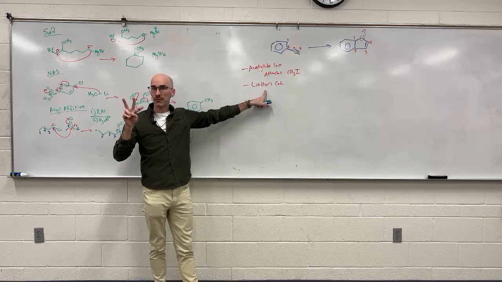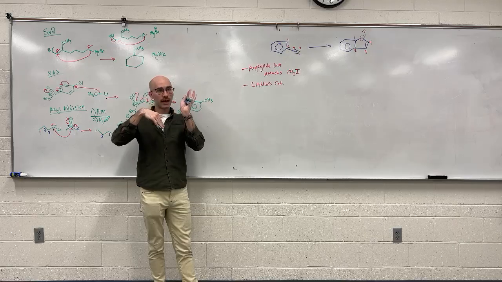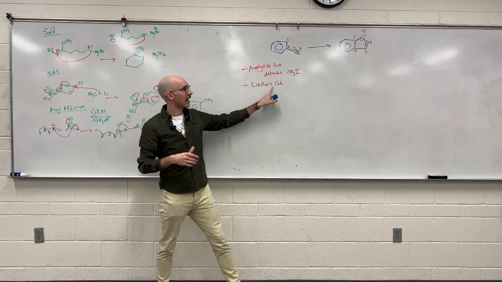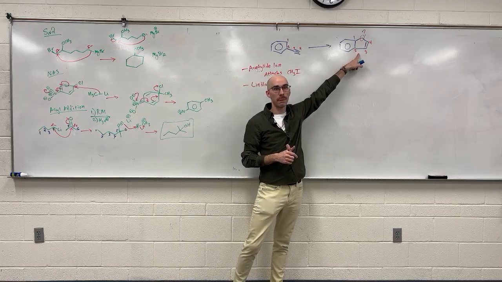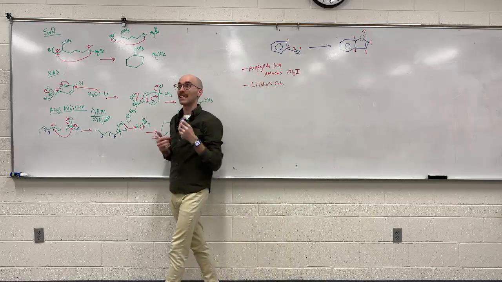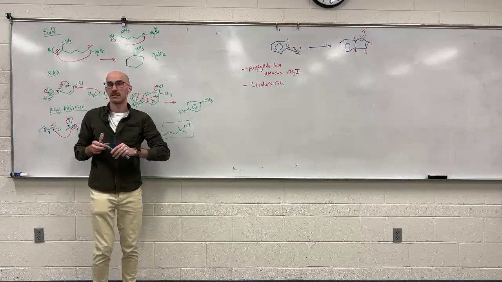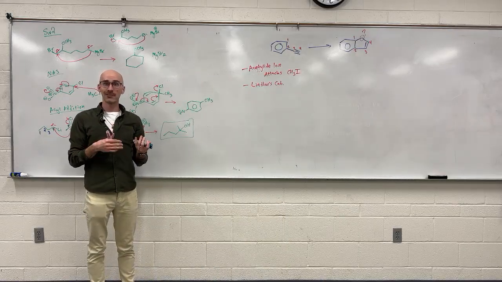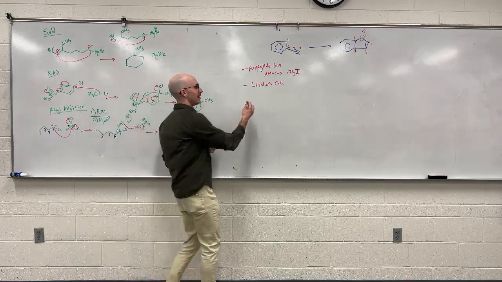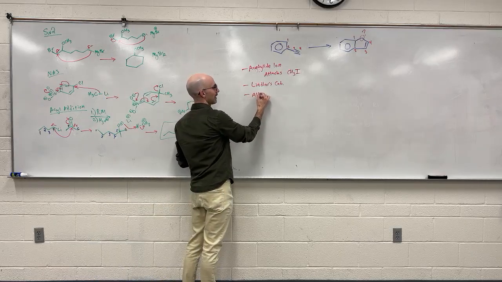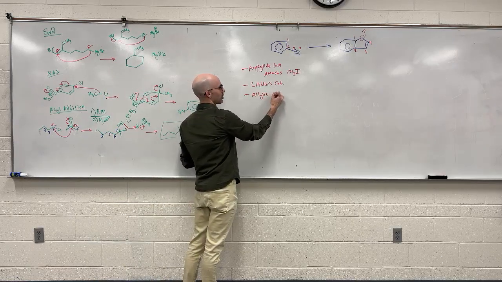But those have very different effects on the stereochemistry. Sodium in ammonia gives a trans alkene. Lindlar's catalyst gives a cis alkene. And I need it to be cis for this structure. If I get down to a cis alkene, then I could actually do allylic halogenation.